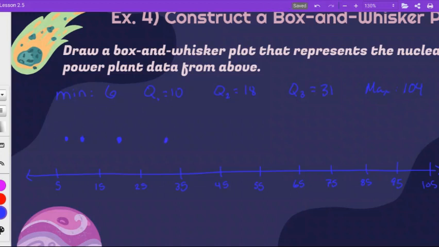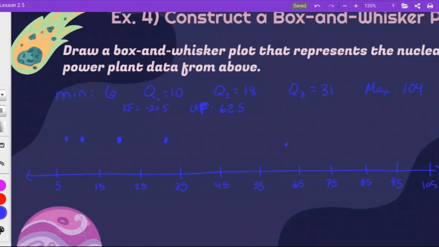And then the thing I forgot is the lower fence. Oops, sorry. The lower fence was negative 21.5. The upper fence, that's UF, was 62.5. And so that's where our whisker is going to go. So 62.5, somewhere right there.